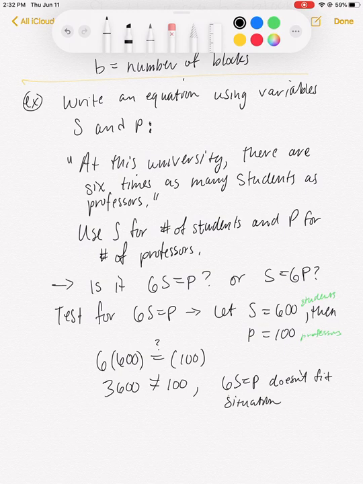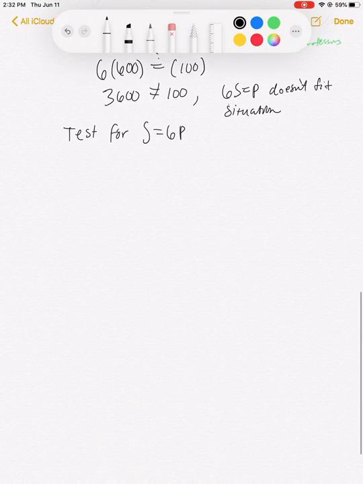But it turns out that with this test for s equals 6p, this one is correct. Okay, so it's not intuitive, so that's why many people made that mistake, but we got to look at the situation that models, the mathematics that models this situation.